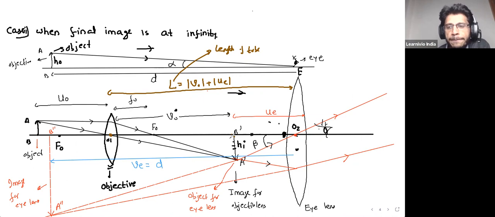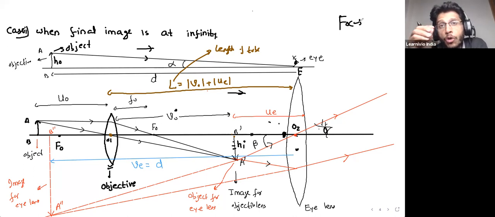You have done the lens formula. When a lens produces the image at infinity, the position of the object corresponding to that is the focus. If you place your object at the focus of the lens, then your final image is at infinity.